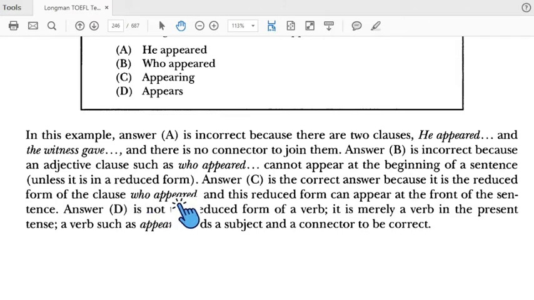We erased to be, but we change appeared to be appearing, and this reduced form can appear at the front of this sentence. Answer D is not the reduced form of a verb. It is merely a verb in the present tense. A verb such as appears needs a subject or a connector to be correct. So the answer is C.